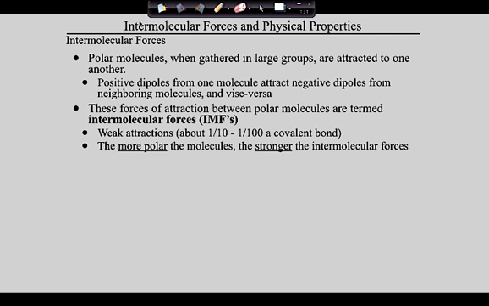So the question then becomes this: how do we know how polar a molecule is going to be? The answer is question 16 from the homework. Remember what you did in question 16 where you stacked up the bonds in order of polarity? That's why I had you do question 16. Because the more polar the bond, the more polar the molecule. The more polar the molecule, the stronger the intermolecular force.